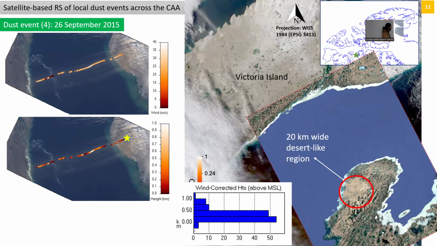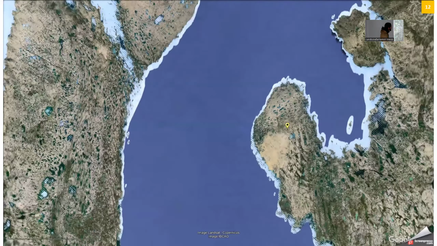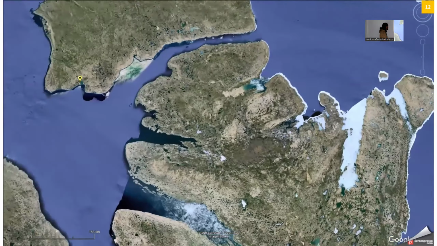The histogram here shows that the wind corrected height of the plume is around 500 meters. The source of that dust plume seems to be the 20-kilometer wide desert-like region in Prince of Wales Island. That is from Google Earth imagery.